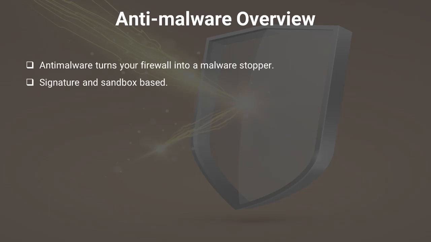So if the file turns out to behave inappropriately, or has a dangerous behavior, the sandboxing functionality concludes that the file is malicious, and then informs the firewall, so that when the firewall sees that file again, it's going to block it. So yeah, it's pretty much it. It's a very useful option. So that's it for the antivirus or anti-malware on firewalls lesson.